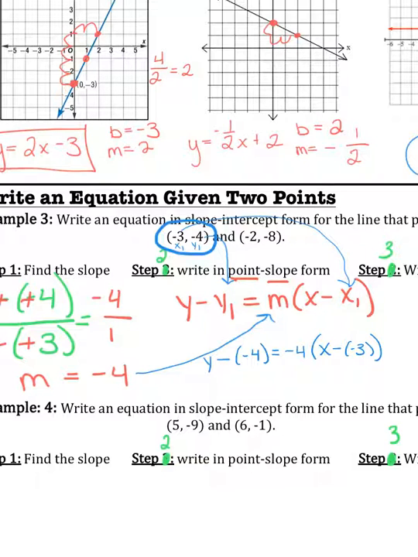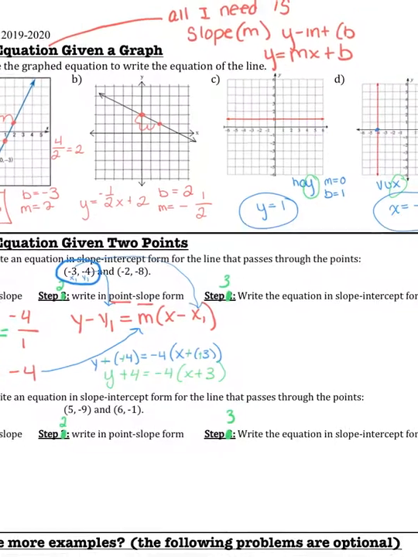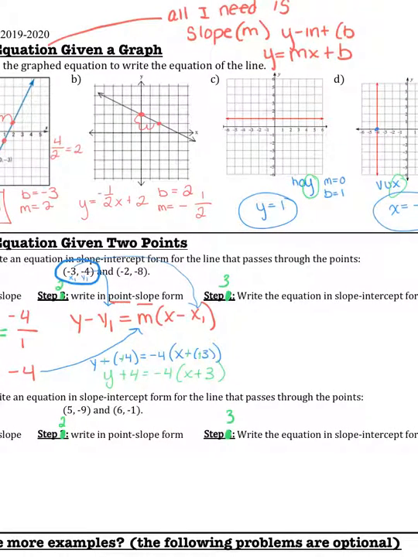Now, I can simplify that a lot because I have a lot of minus and negatives. I know this turns to plus and this turns to plus. So let's go ahead and rewrite that. So that's going to give me y plus 4 is equal to negative 4 times x plus 3. Now, I don't typically write it like this. I always want to write it in slope-intercept form. So that means I want to get y by itself.